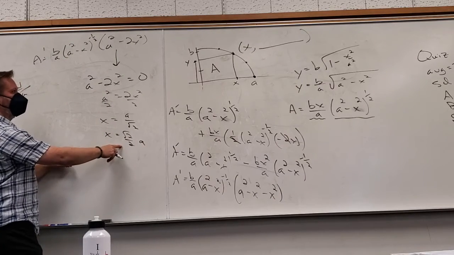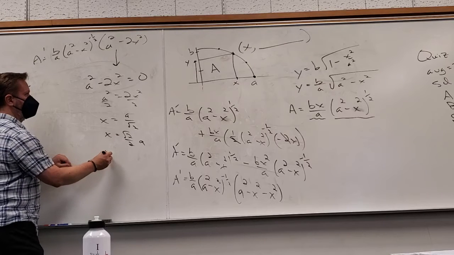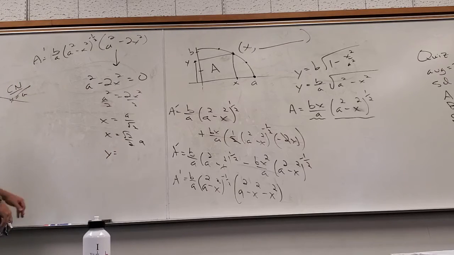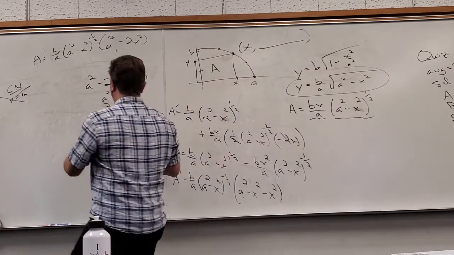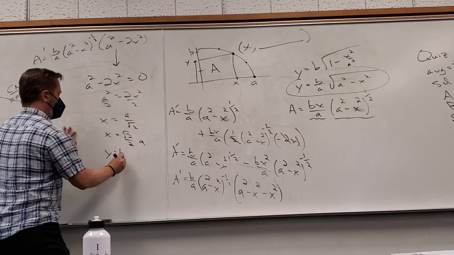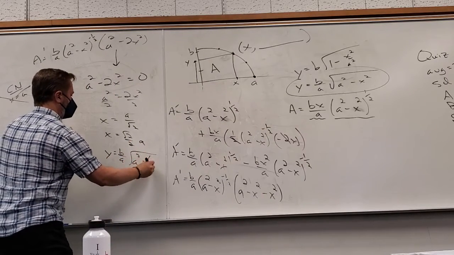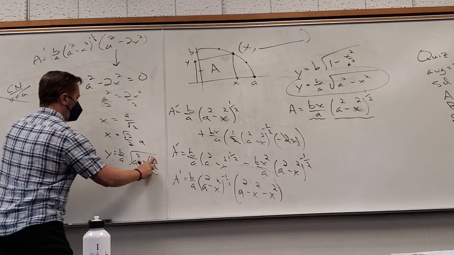So that's x. What would y be? Can we figure out what y would be? Do we have y equals some function of x? Yeah, there we go, somebody pointed it out for me. So y would be b over a times the square root of a squared minus x squared.